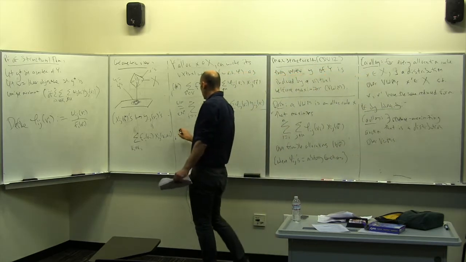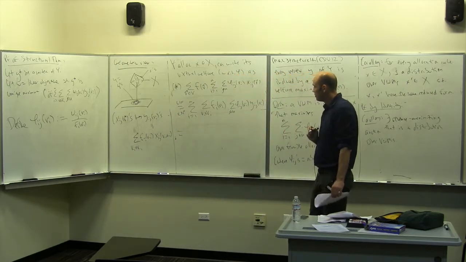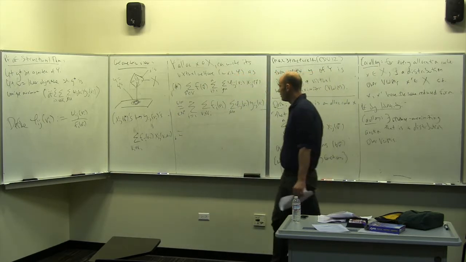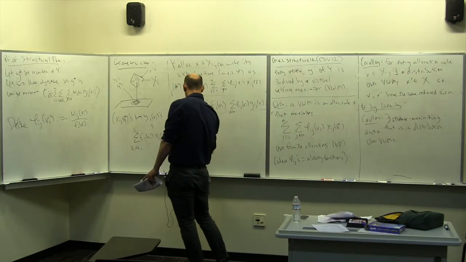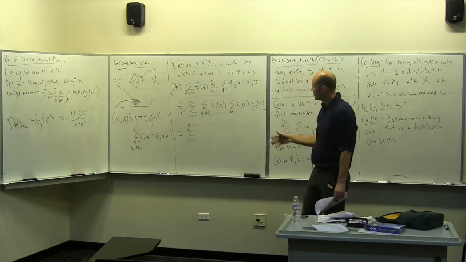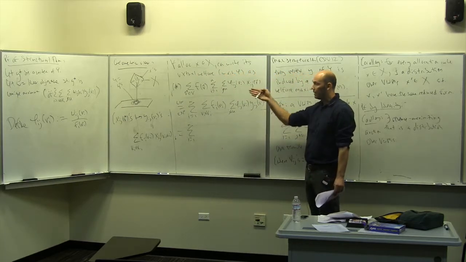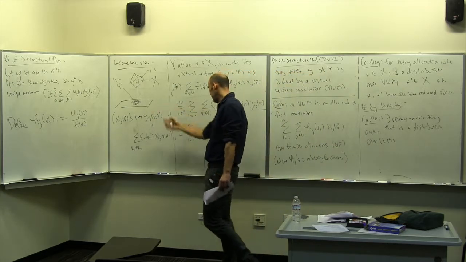And now it's clear why I defined the virtual values the way I did. I've passed from the allocation rules to the interim rules. And now this is just the objective function value of the interim rule y with respect to this direction of optimization w downstairs.